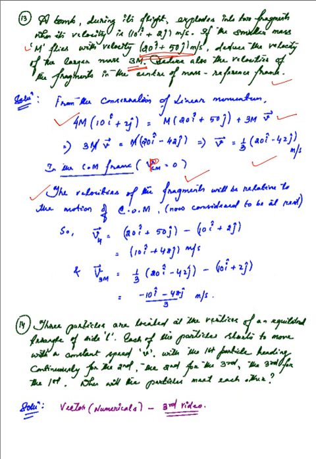So for that small mass, if its velocity is this and the initial velocity of the entire system was this, the relative velocity is going to be this, that is the difference in those velocities. Similarly for the larger mass, 3m, it's again the subtraction of the initial velocity term.